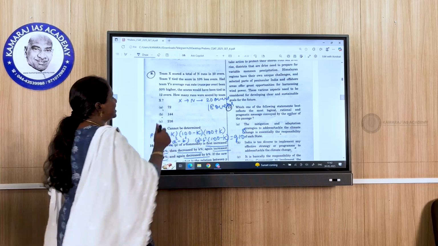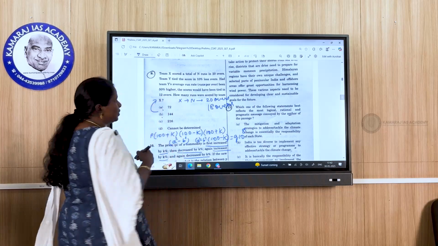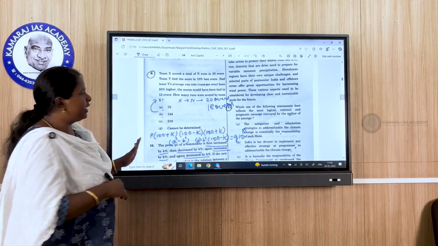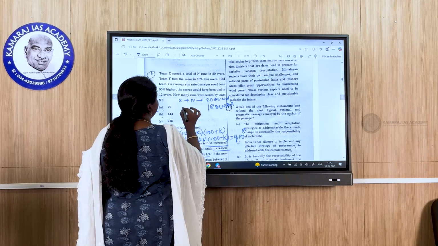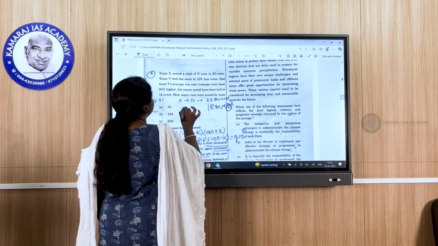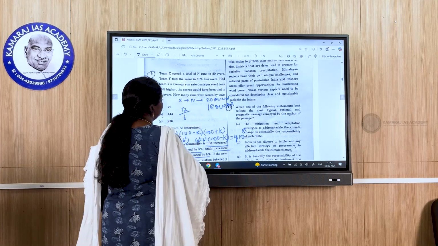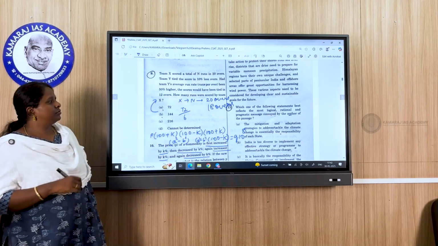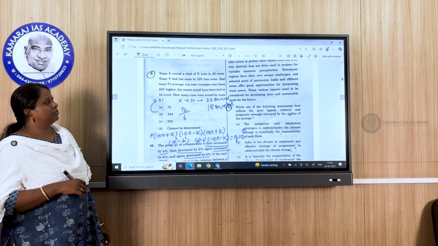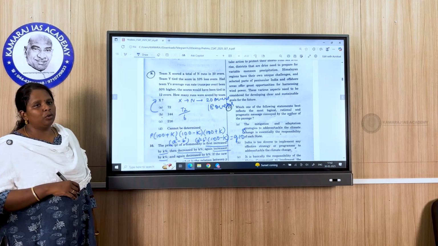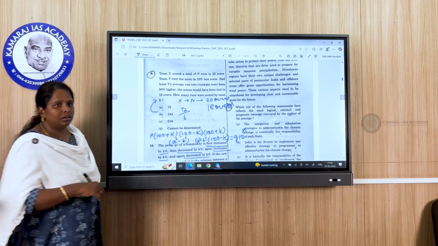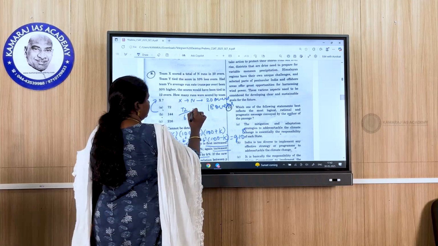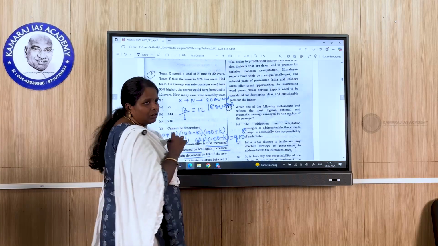If I am going with the options because I don't have any other data, right? If they are scoring 72 runs, what is the average for 72 in 12 overs, right?